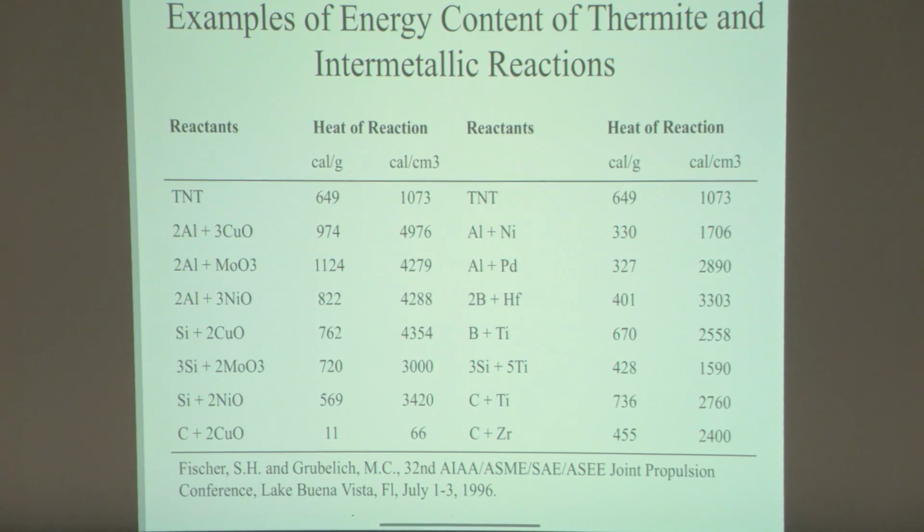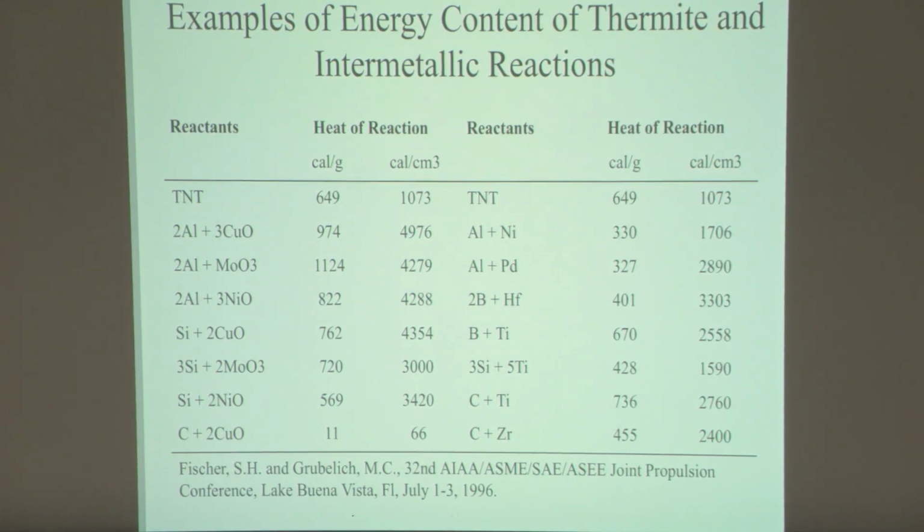If I start looking at different types of thermite combinations, you can see I can greatly exceed the energetics of TNT. And the same thing is true for an intermetallic reaction, I can get close to it. But if I took the intermetallic reaction, made the alloy, and then let it oxidize, then I'm going to exceed it again, like I showed you in that previous slide.